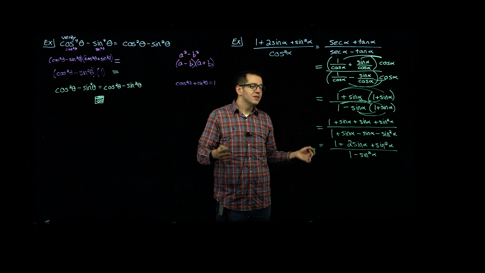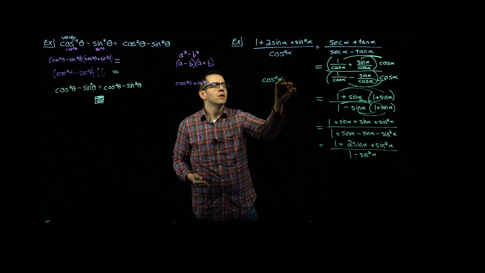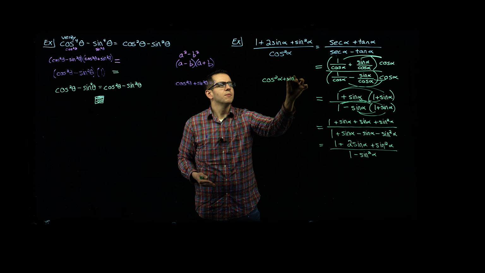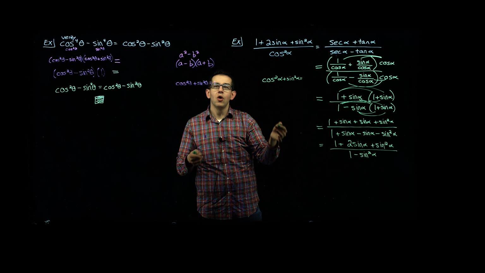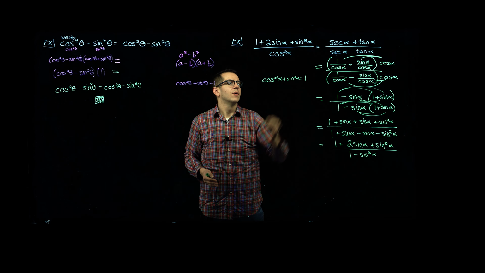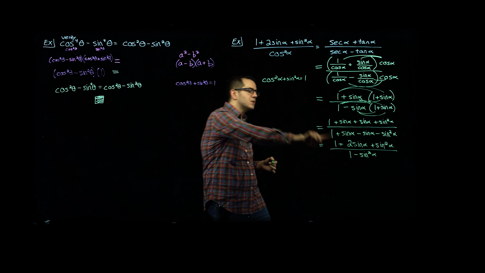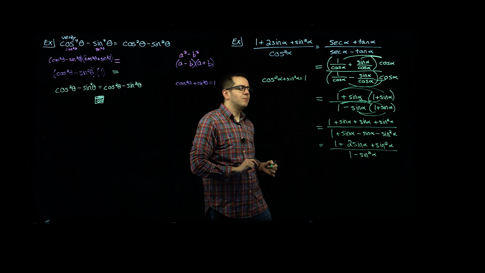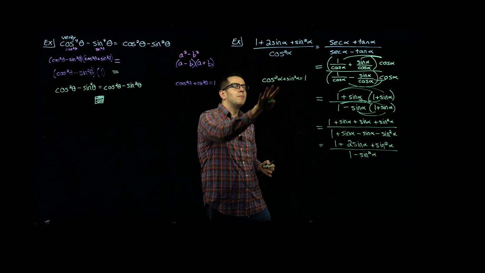But this is a Pythagorean identity. Cosine squared alpha plus sine squared alpha is always equal to 1. So we can substitute that into our problem by manipulating it.